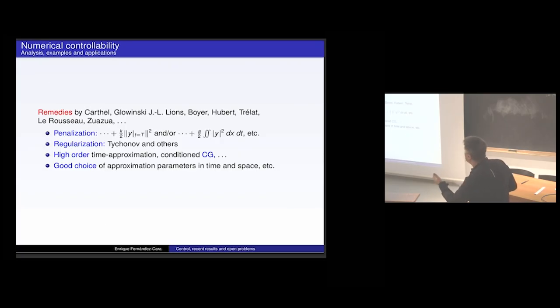Along the last years, there have been many people trying to get remedies to this. There have been several techniques to approach the problem by modifying the process. For example, via penalization, adding some terms to the function to minimize, or regularization, using high order time approximation.